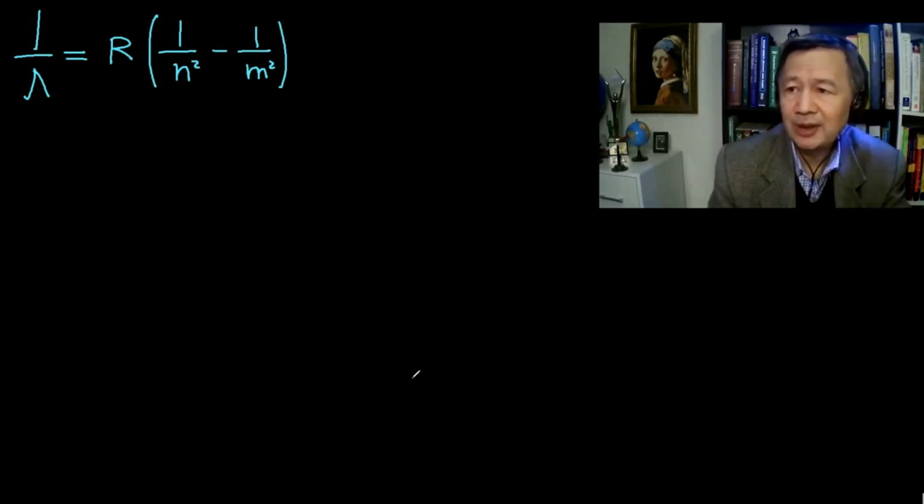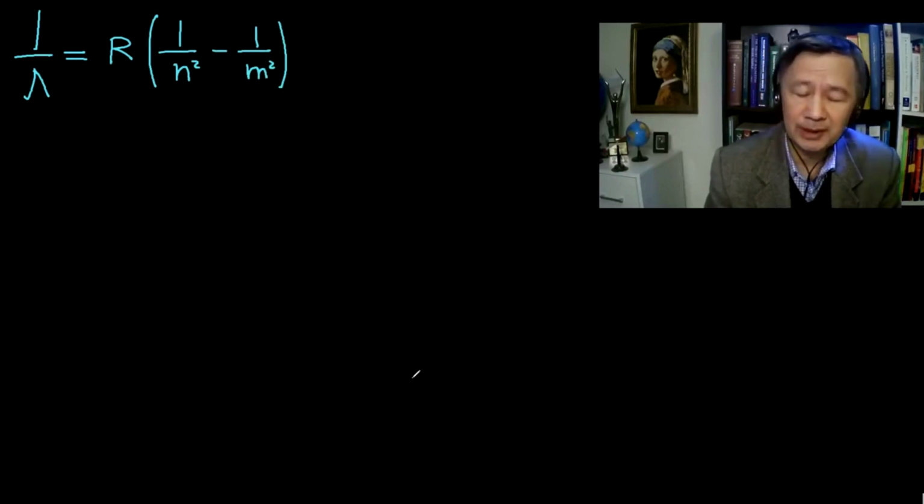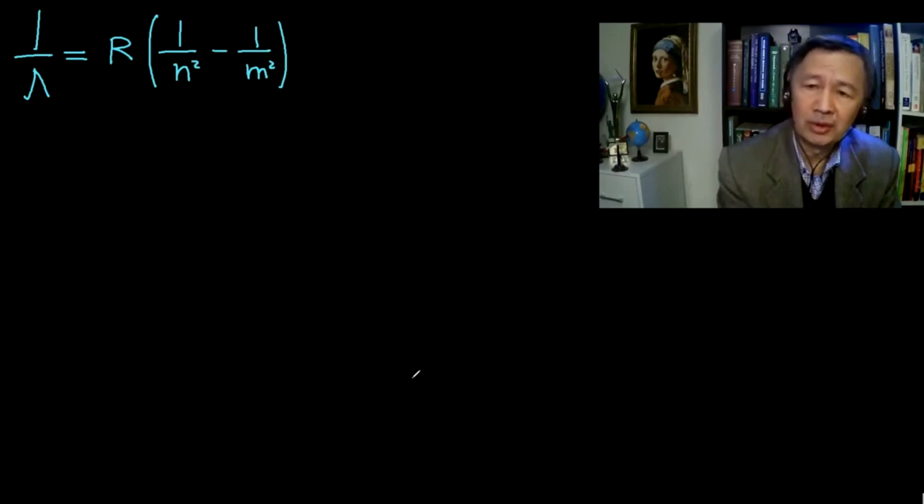I don't think you can find these details in your textbook, because nowadays people just focus on Bohr's theory and Bohr's atomic model, but they don't pay much attention to the original Rydberg equation.